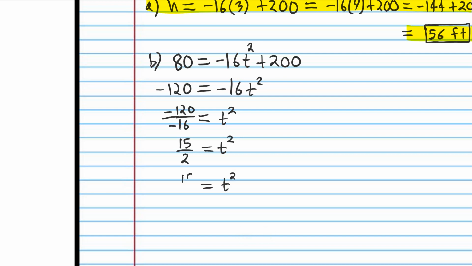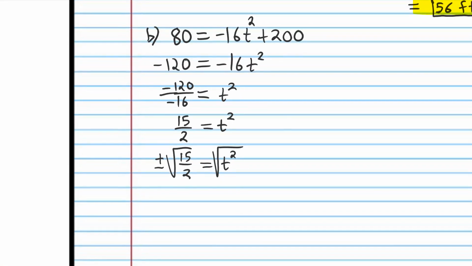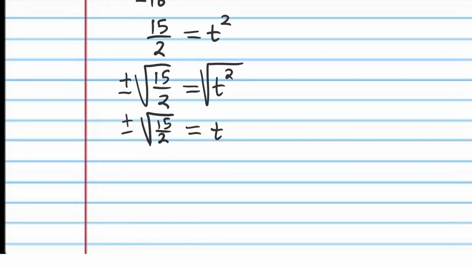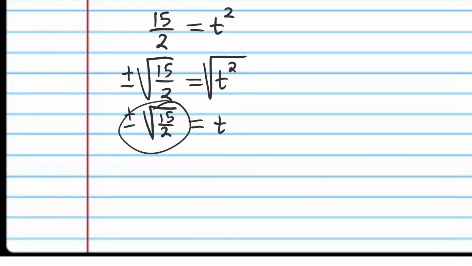So we're going to rewrite, and we square root both sides. And this should be plus or minus. When we square root, we get rid of that power, and we're just left with t. And we have plus or minus root 15 over 2. But of course, we learned in previous classes that we can't leave it in this form because we need to rationalize the denominator.